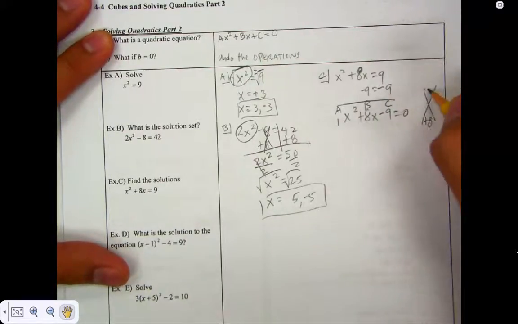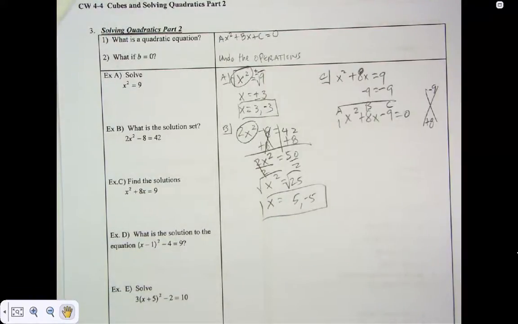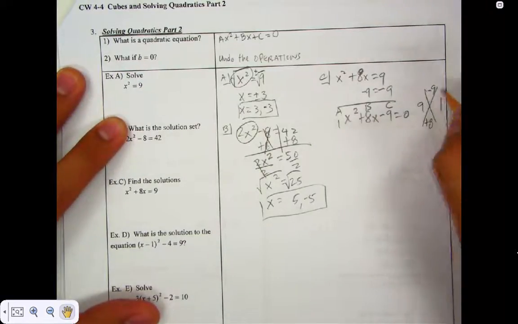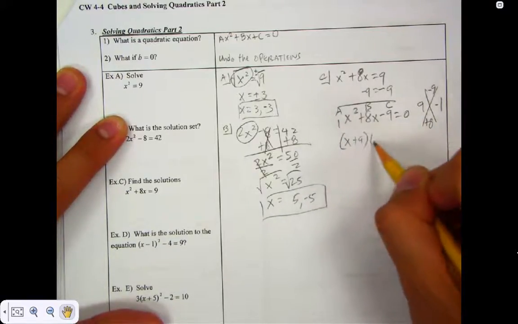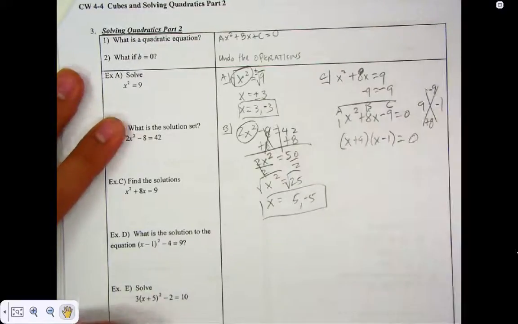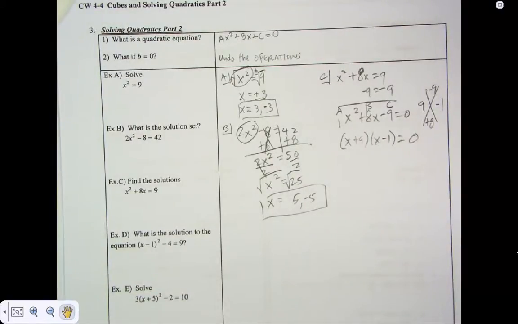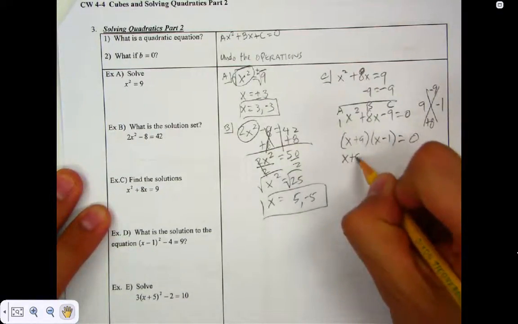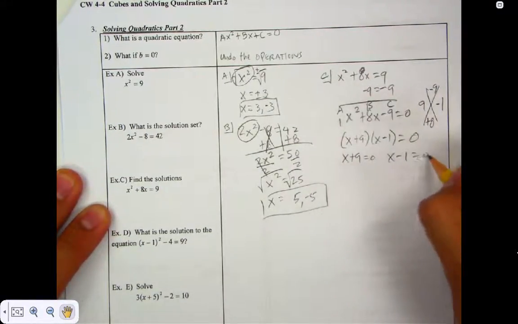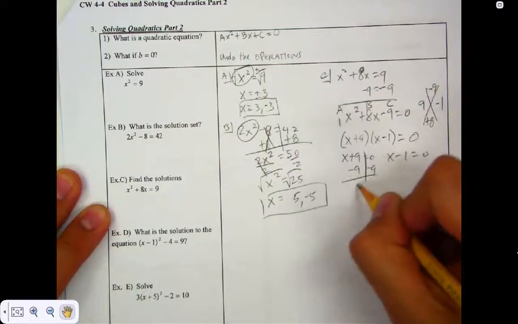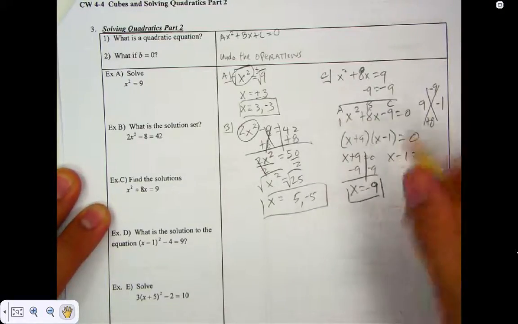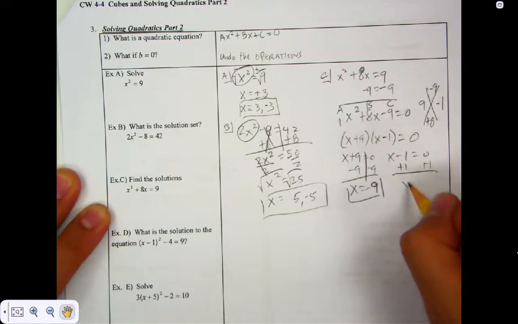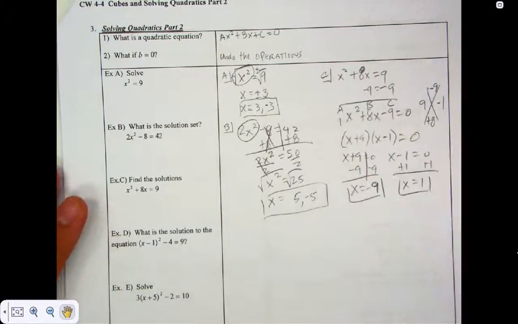With the A and the C, I multiply, that's negative 9. What multiplies to negative 9 and gives you 8? 9 and 1, and the 1 being negative. So I'm going to write my factors, x plus 9, x minus 1 equals 0. Remember, if you can't factor, you use the quadratic formula, but in this case you can factor. Set these equal to 0, x plus 9 equals 0, x minus 1 equals 0. Subtract 9 on both sides, x equals negative 9. Add 1 on both sides, x equals positive 1. And those are my answers for C.